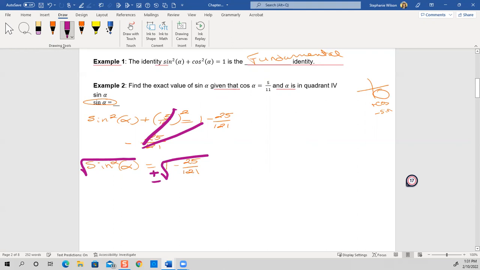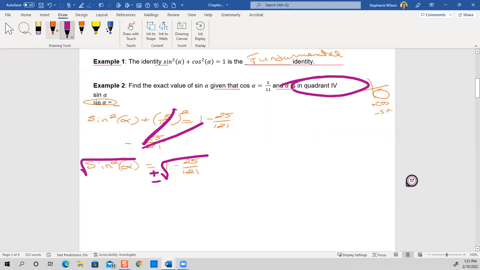If it was an odd root, we'd only have the positive. Most of the time, in lengths, we don't focus on that because you're not going to have a negative length. However, in this case, we need to recognize that we have the plus or minus. Why? Because they stated the fourth quadrant, so it does matter.